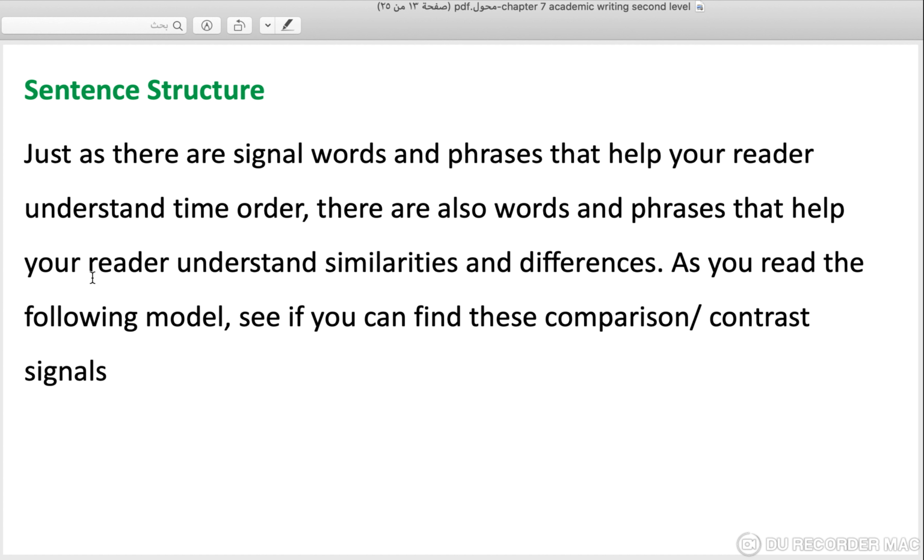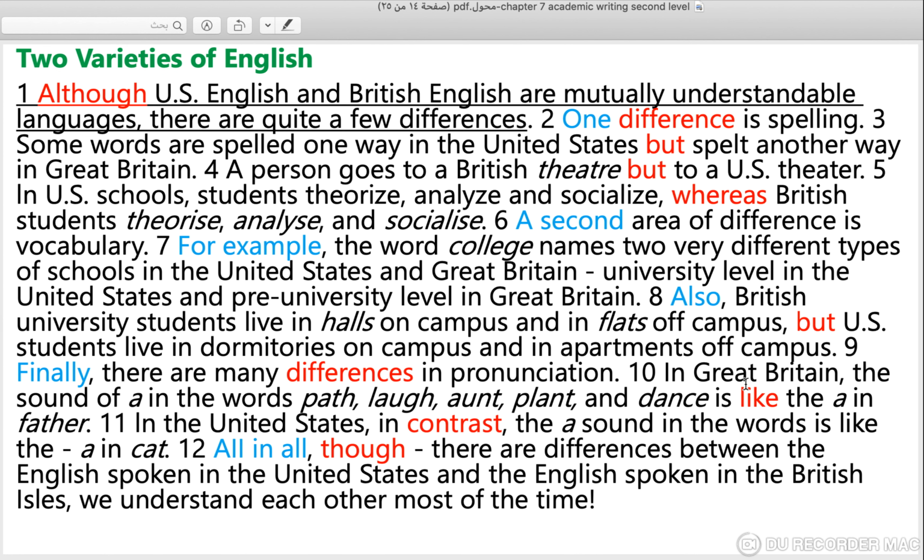As you read the following model, see if you can find those comparison or contrast signal. عندنا هنا الموديل من خلال قراءتنا اللي راح نشوف إذا موجودة هذه السيجنالز أو لا.